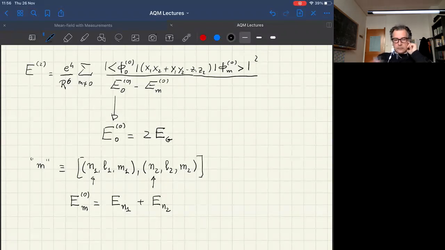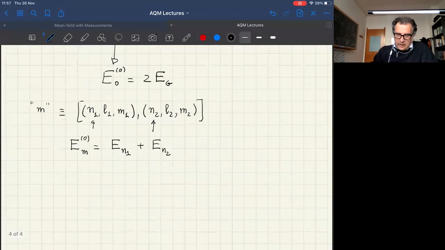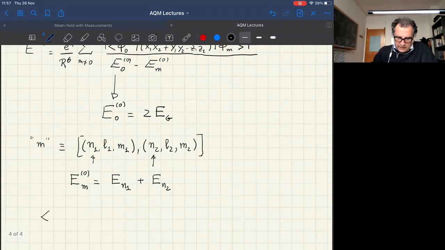Okay. Now there is something you have to do. You have to do these integrals here. The integrals that you have to do are separate. I mean, you have to do the integral for phi 0 of n1 l1 m1, and then you have either x1, for instance, or y1, and then you have phi 0 of 1, 0, 0.